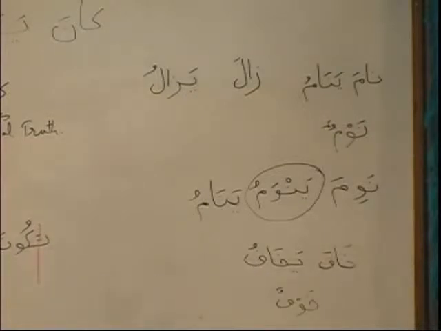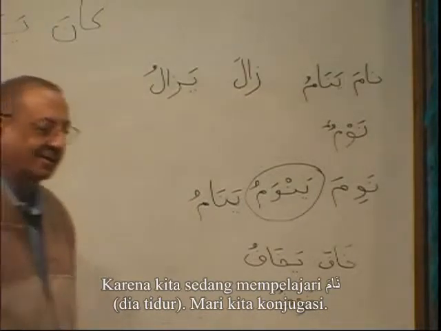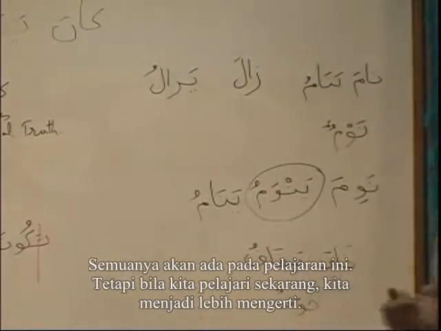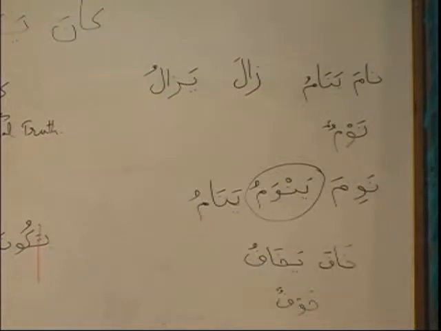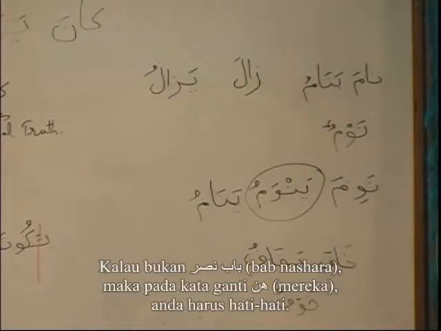Now remember, since we are doing Nama, let us conjugate. All these are coming, but if we do it now, it will become stronger, inshallah. Brother, I want you to start. Remember one thing, this is not Bab Nasara. So if it is not Bab Nasara, at Hunna you be careful.